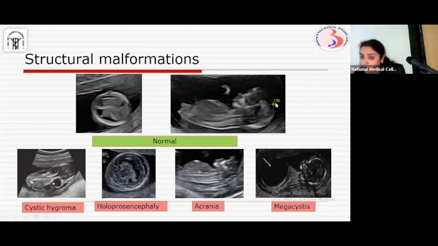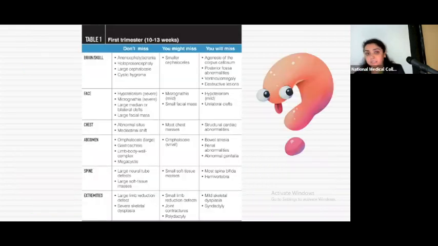Or if we are not able to see the calcified calvarium at the head in this plane, we are dealing with acrania, which progresses to anencephaly. We are still seeing cases of anencephaly coming to us in the third trimester, which can be very easily picked up in the first trimester. So there is a whole list that we should not be missing in the first trimester.